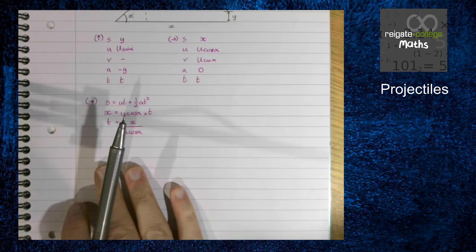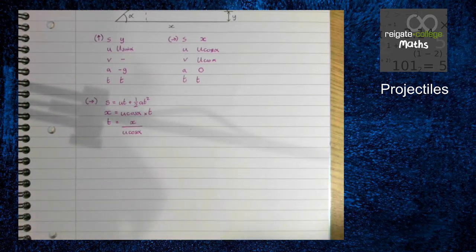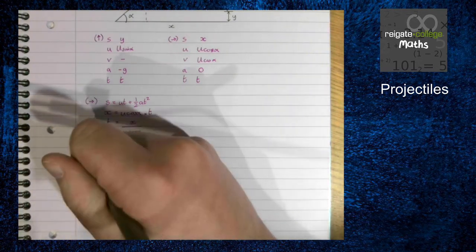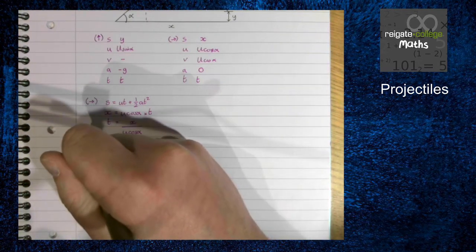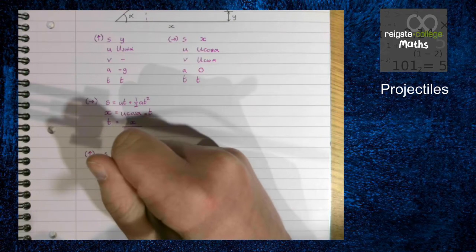So this is what I'm saying about this type of question. If you trust your algebra and trust in what you're doing, it will come good. So now we're going to resolve vertically. We're going to use the same equation.